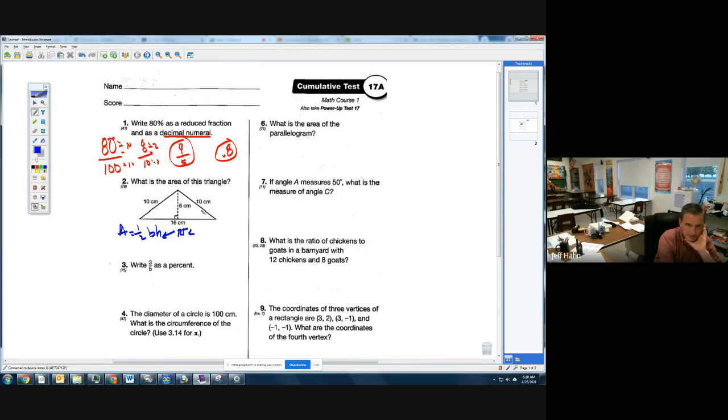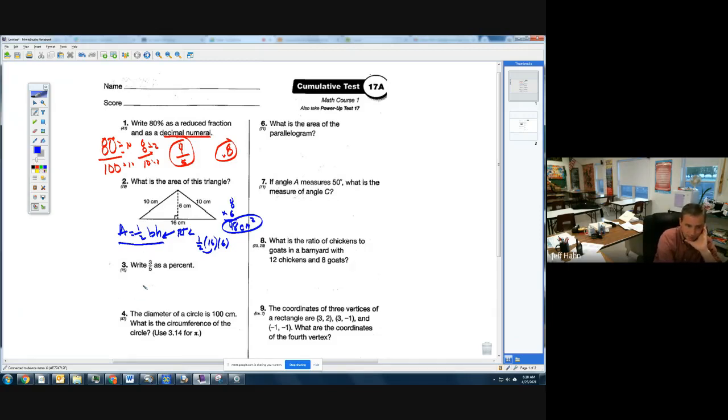I don't need the 10s in there. So I do 1/2 of 16 times 6. Half of 16 is 8, and 8 times 6 is 48, and that's 48 centimeters squared. That would be my answer. So definitely write down that triangle there.